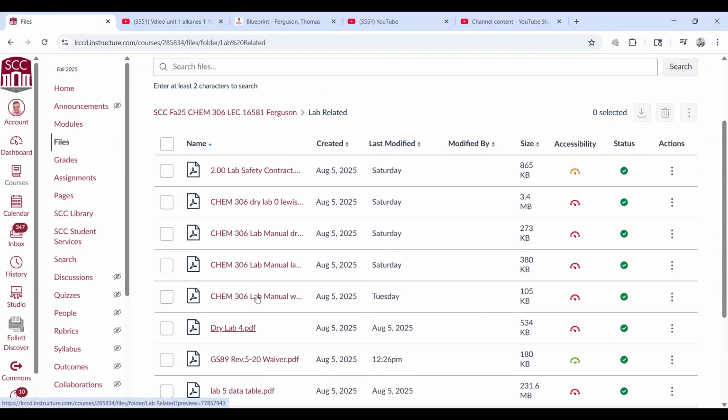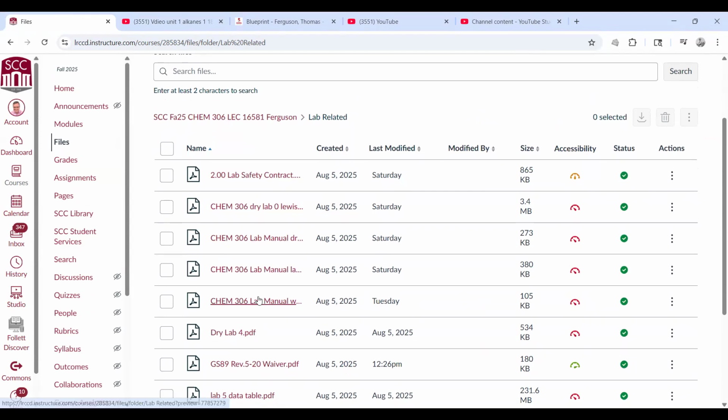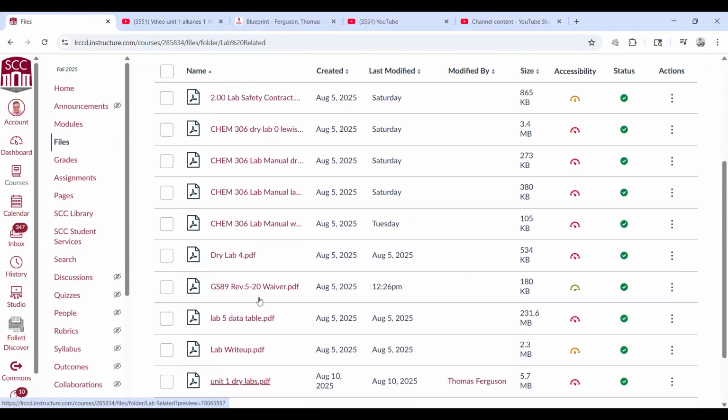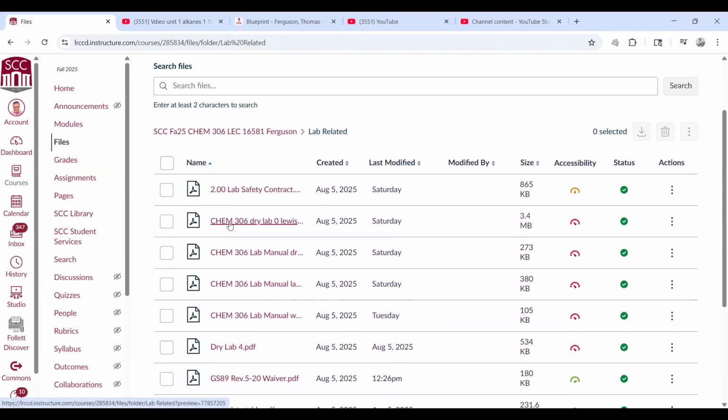Where is that? Professor, it looked like the second one from the top, Chem 306 dry lab. Yeah. I should rename that.